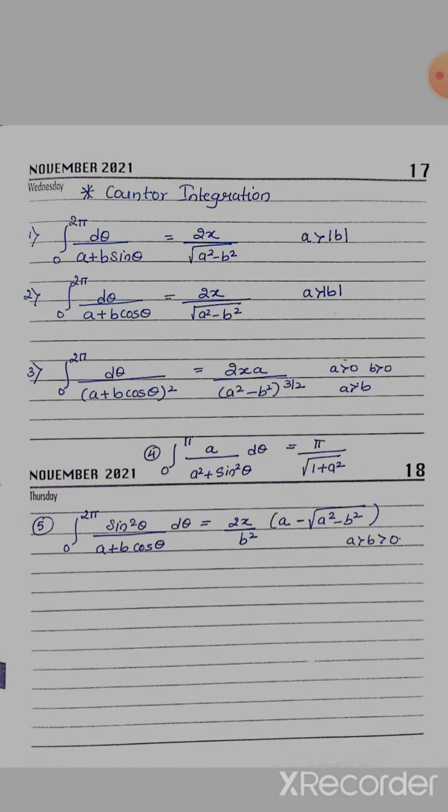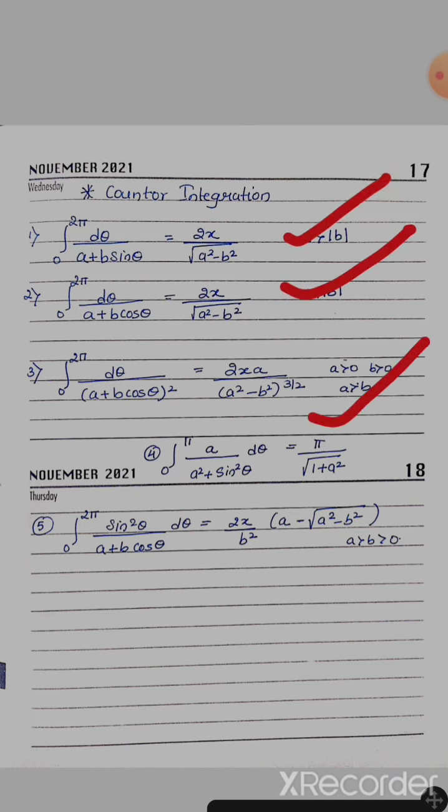Next, related to that, a few more formulas for contour integration. As I said before, 0 to 2 pi; here in place of pi I have written x. For 2 pi, if it is sin theta or cos theta, same thing, and this is also the same thing. For 0 to pi, pi by root of a square plus sin square theta, it is root pi by root of 1 plus a square.